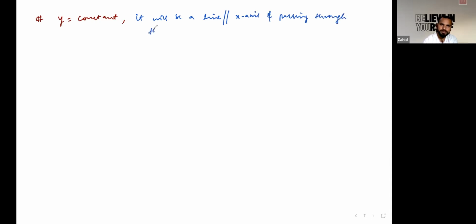First, if y is equal to any constant, it will be a line parallel to the opposite axis, that is the x-axis, and passing through that given constant.